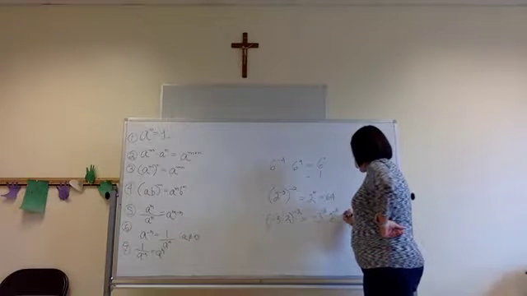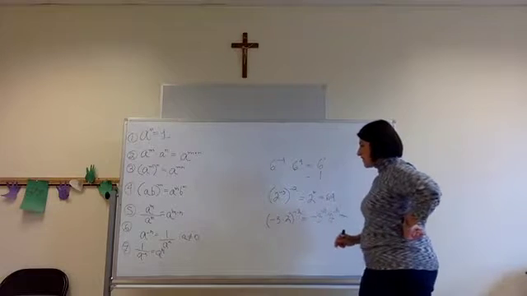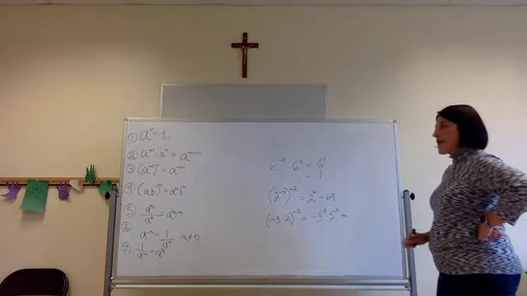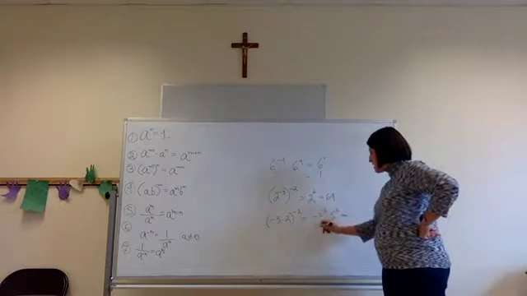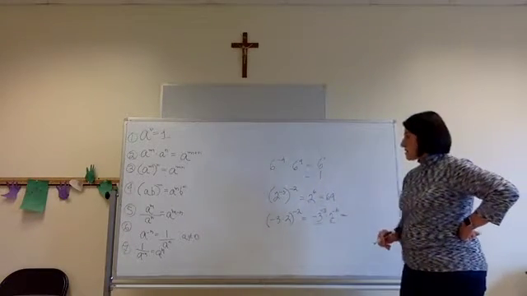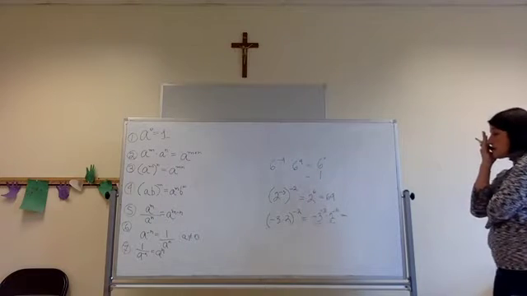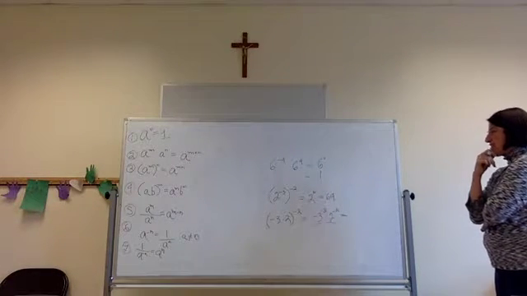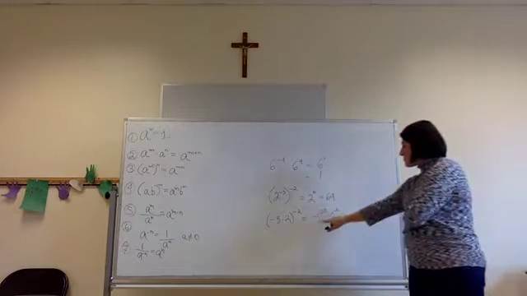All right, and then now which property should I follow? 2. No, I can't follow 2 because these are not the same base. It's kind of a combination. I'm going to have to do this twice.